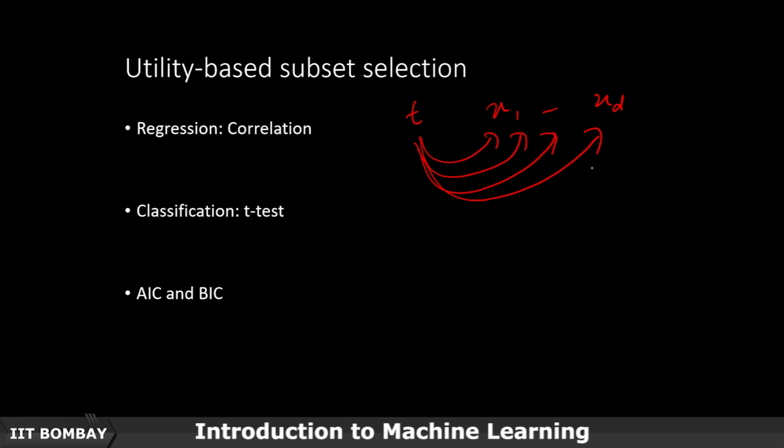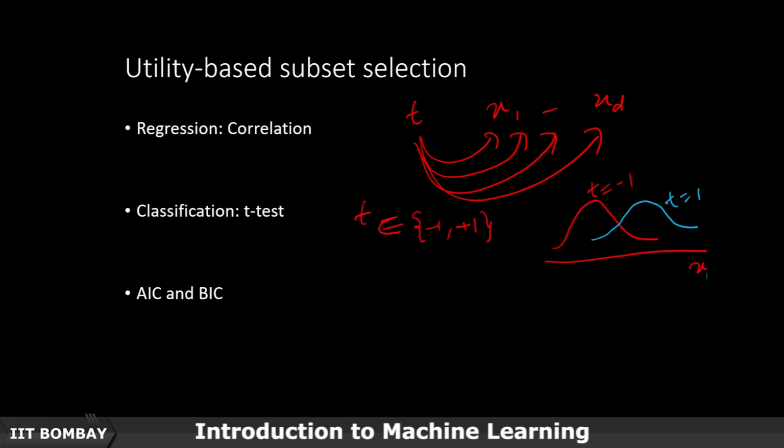So I want to select those that have least overlap in a relative sense, relative to their own individual variances. For that there is something called a t-test, which assumes first of all that these variables are distributed in a Gaussian manner. It works only if you assume that they are Gaussian variables, and then there is a formula for that.